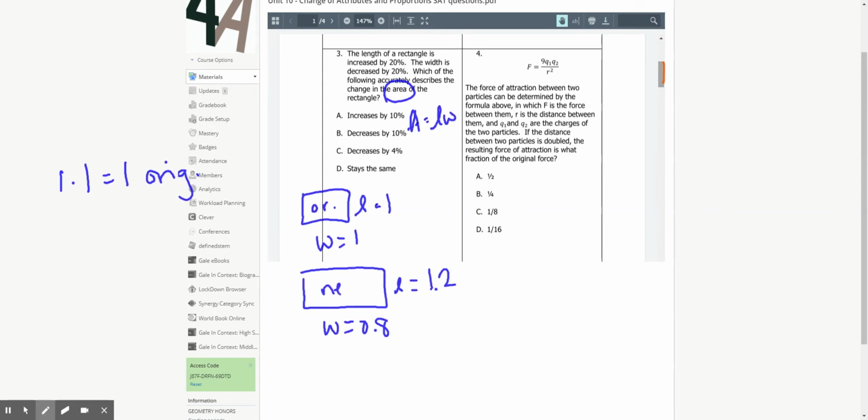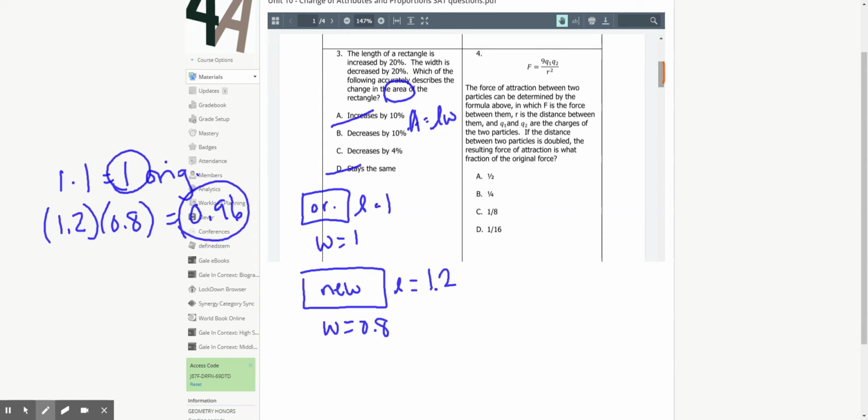And for the new, we're going to do 1.2 times 0.8. 1.2 times 0.8 is 0.96. So the question is, how do we go from 1 to 0.96? It's definitely decreasing, so it's not increasing, it's not staying the same, and it's decreasing by 4%.